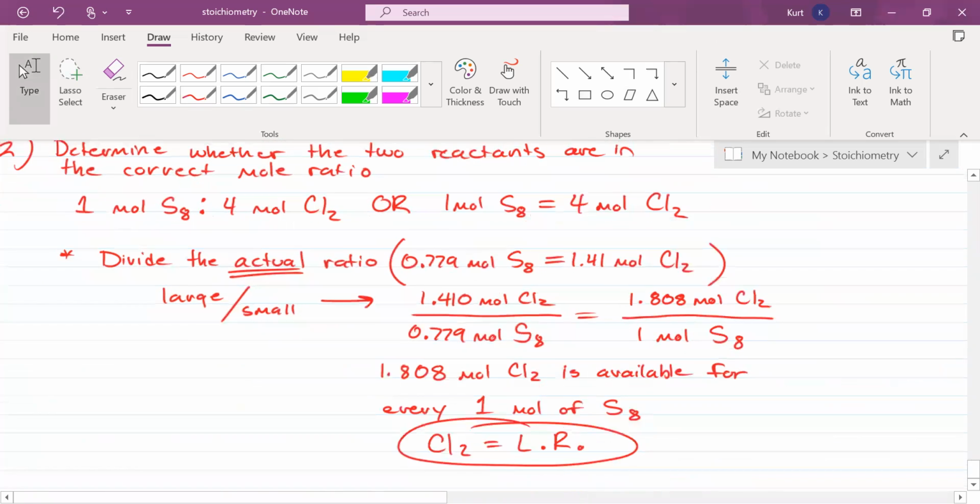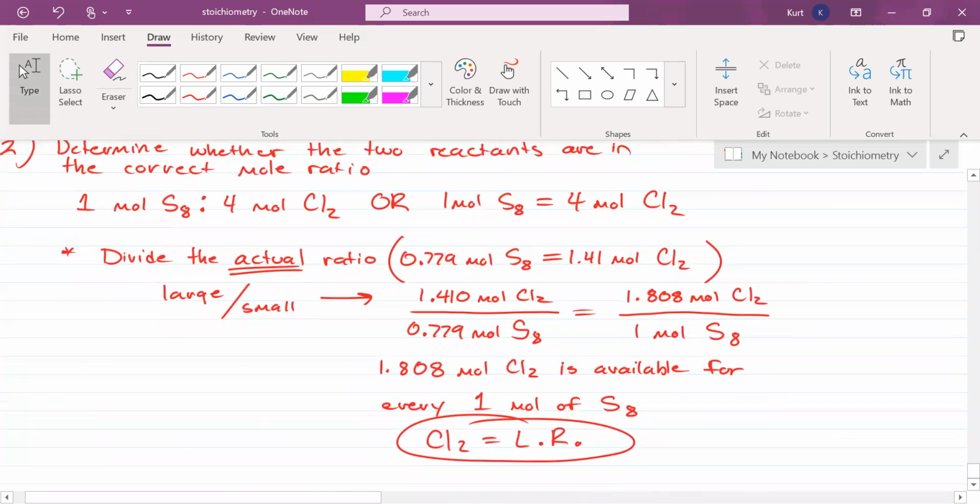You said 1.8 moles of chlorine is available for every 1 mole of sulfur. Mm-hmm. So there's more chlorine available for every mole of sulfur. So that's saying that you are going to have, or you're going to need. Here's the difference between have and need. The amount of chlorine available is going to be 1.808 or 1.81.